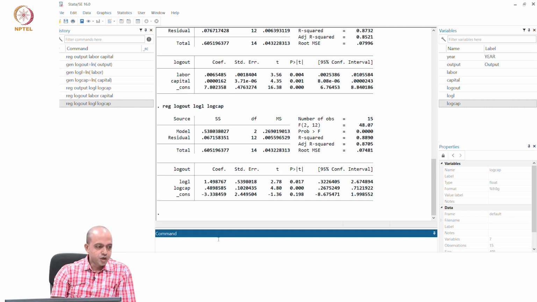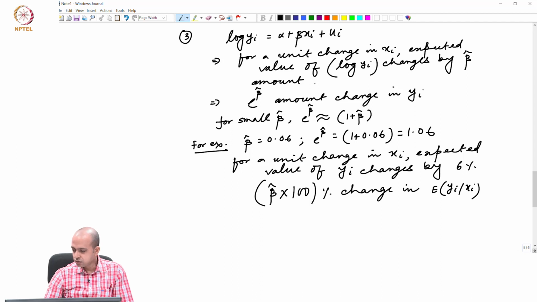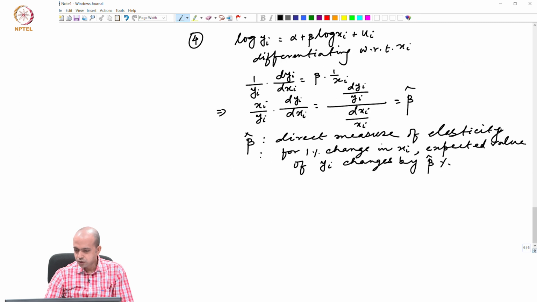this is the estimate. How will you interpret the coefficient? You go back to the log-log model: log y equals alpha plus beta log xi, and differentiating both sides we get beta hat is basically equal to (dy by y) divided by (dxi by xi), and as a result beta hat is a direct measure of elasticity in this case.